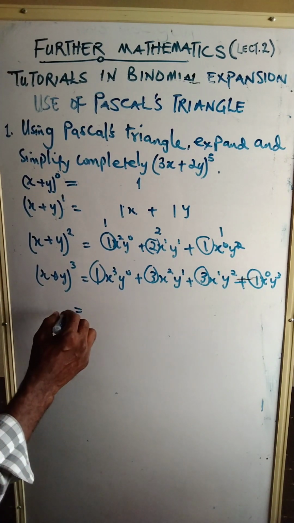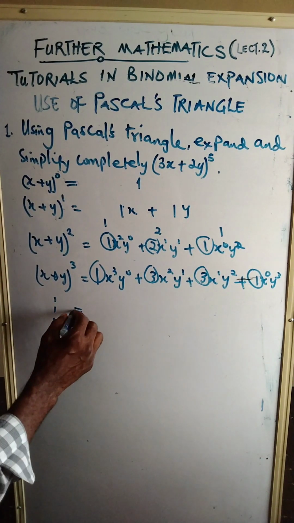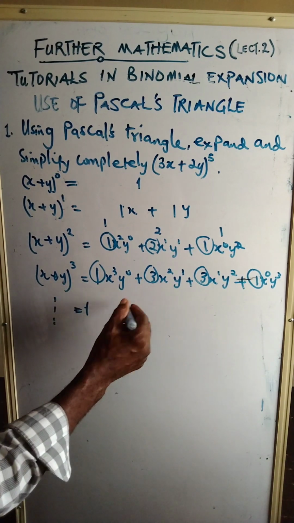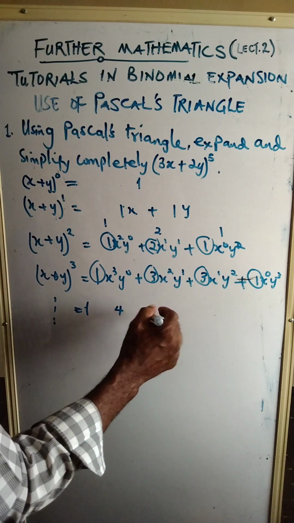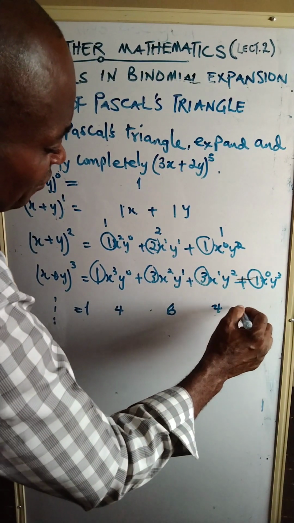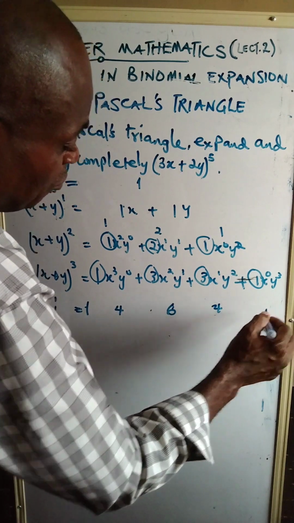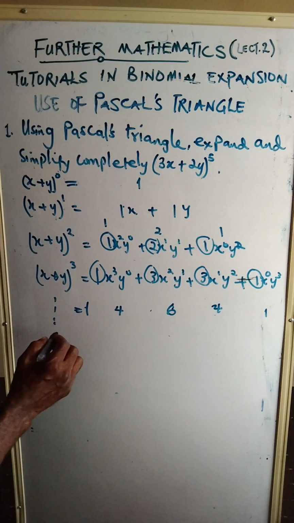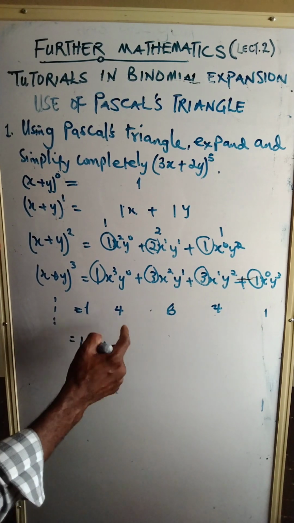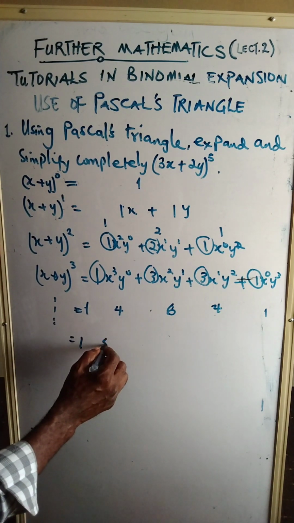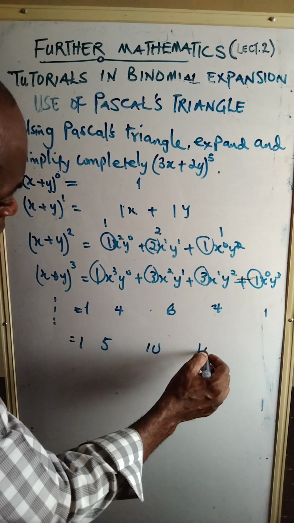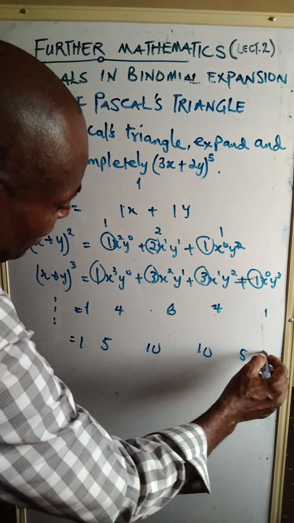So this is the coefficient that will take the lead. In the next one, if you continue like that, when you get to 4, it's going to be 1, then this plus this gives us 4, then this plus this will give us 6, this plus this is going to give us 4, and then we have 1. For 5, we have 1, then add this to this, that's going to give us 5, we add this to this, that's going to give us 10, then we have 10, then we have 5, and then 1.